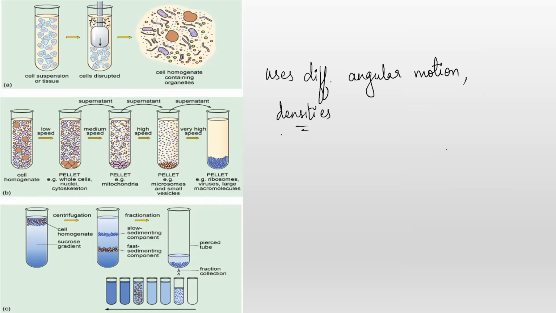The denser a cell component is, the faster it will settle down. The lighter, the lower density the cell component is, it will end up in the supernatant. So the upper fraction is the supernatant, and the lower fraction is the pellet.